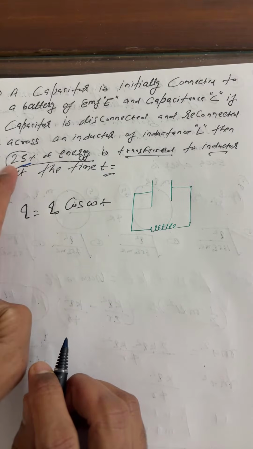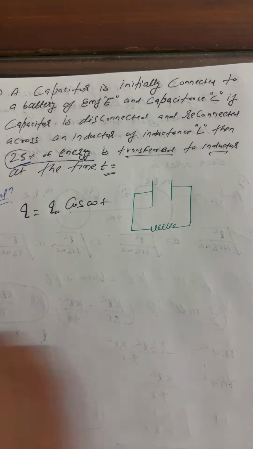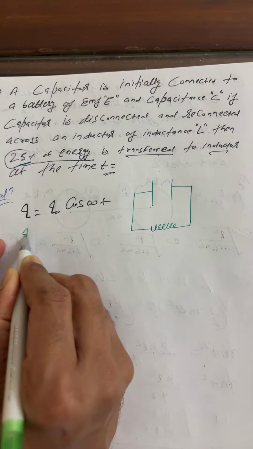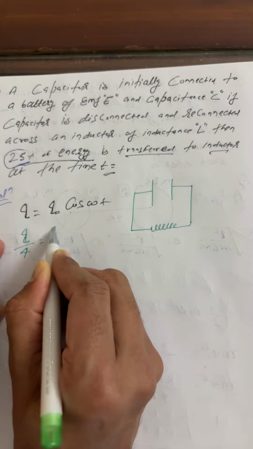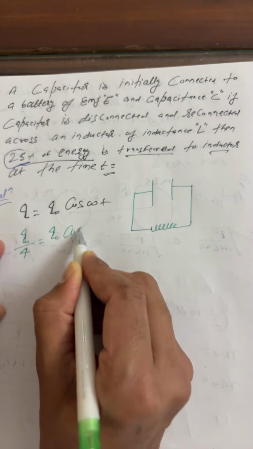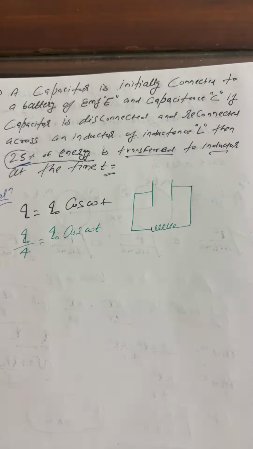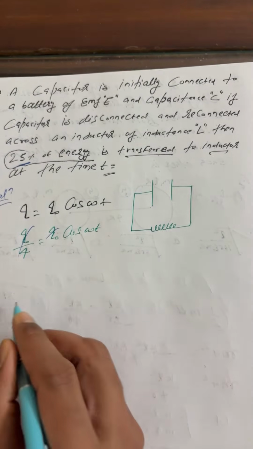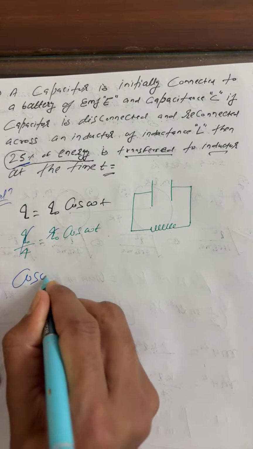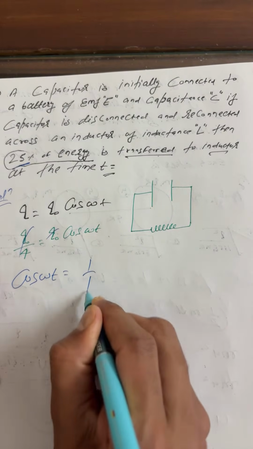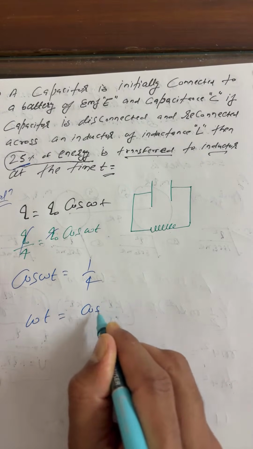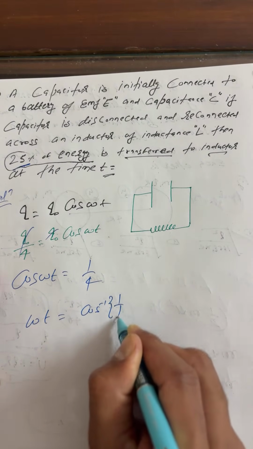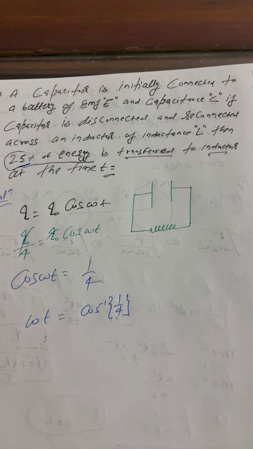Decrement of 25% energy means Q naught by 4 is equal to Q naught cos omega t. Q naught cancels, so cos omega t is 1 by 4. You can write omega t is cos inverse 1 by 4.